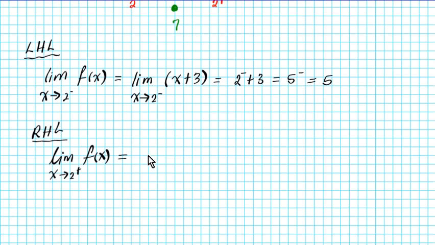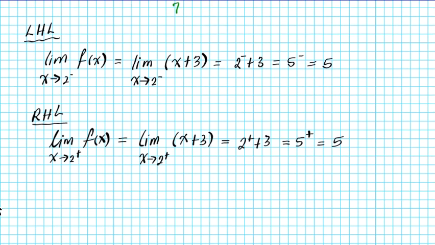So this is going to become the limit as x approaches 2 from the right of x plus 3, because that's what's active. Then we plug it in. We have 2 from the right plus 3, which is equal to 5 from the right. And the number that you're approaching here is just 5. So with this information, we can conclude that the limit exists at x equals 2 because from the left and the right, you're approaching the same y value, which is 5. We'll write that in the conclusion.